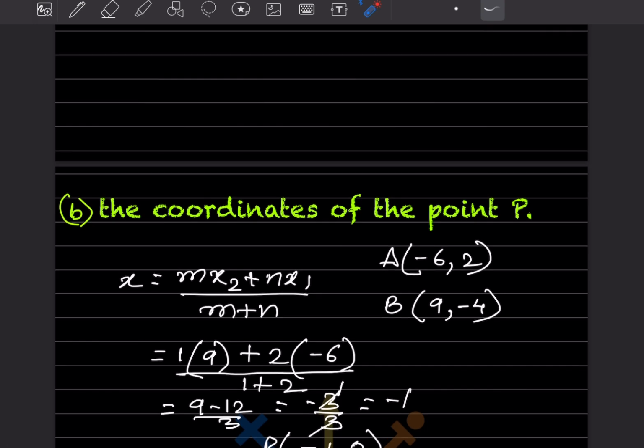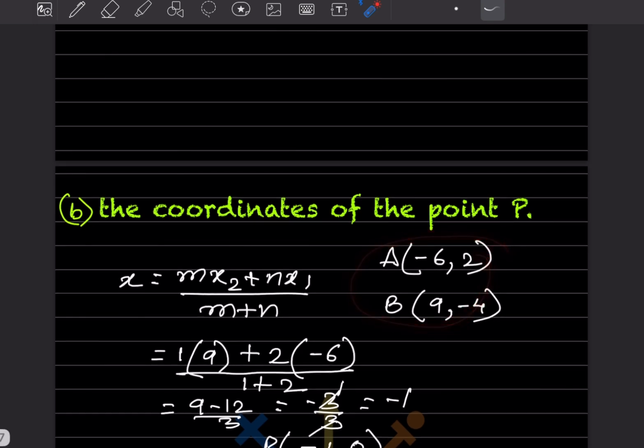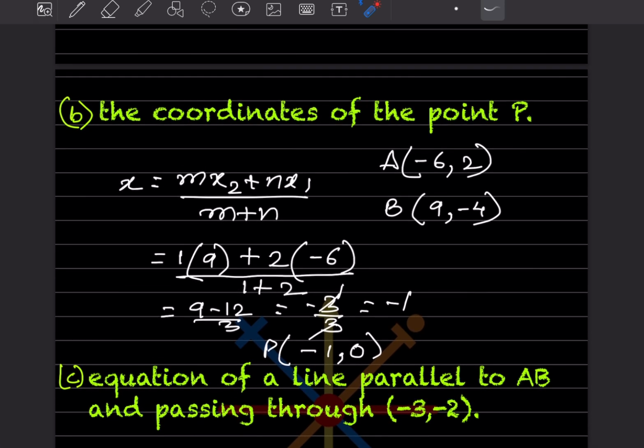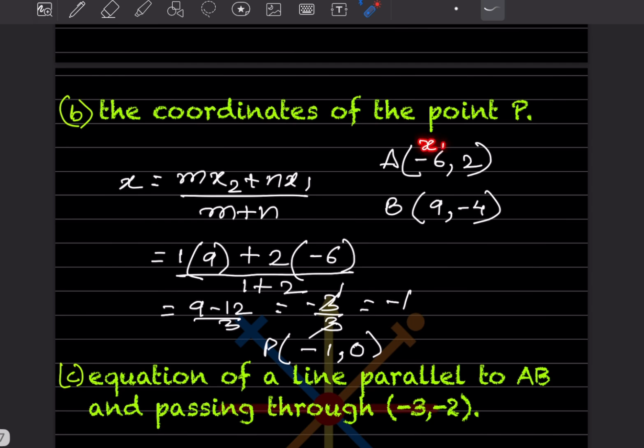The coordinates of the point P. These are already the coordinates given here, A and B. So what we can write here, for P, x is mx2 plus nx1 divided by m plus n. So we know this is x1, y1, and this is x2, y2.